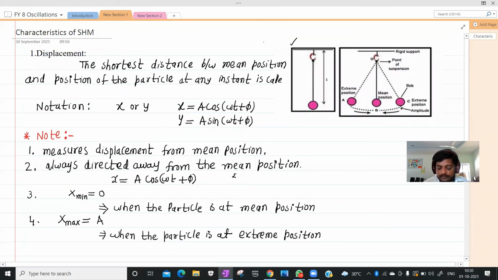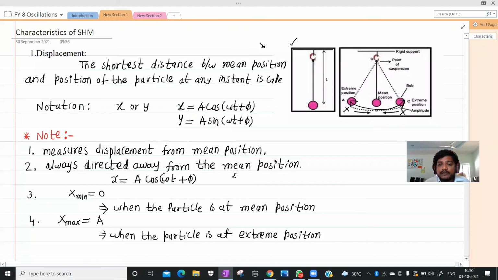The span of SHM is the total length traversed by the particle from one extreme position to another extreme position. This is one extreme position, and this is the other extreme position. The total length of the path traveled by the particle from one extreme position to another is called the path length of SHM or the span of SHM. Is it fine?